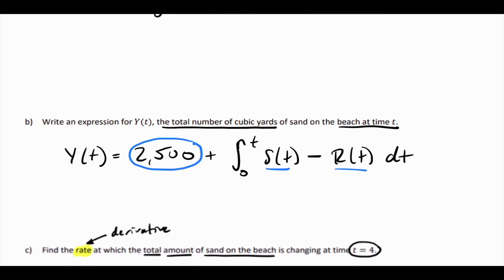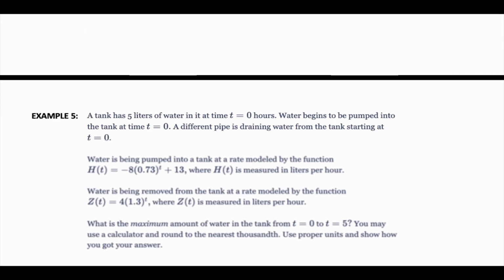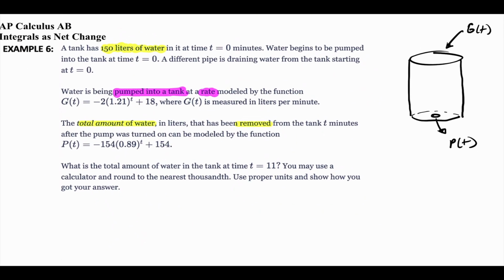When we wanted to find the total amount, we would use an integral, right? I don't have to do that with both of these. I only have to do that with the one that says a rate. If I want to find the total amount removed at a certain time, I would just use P of t.